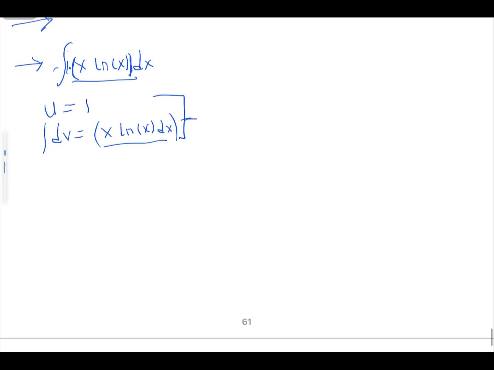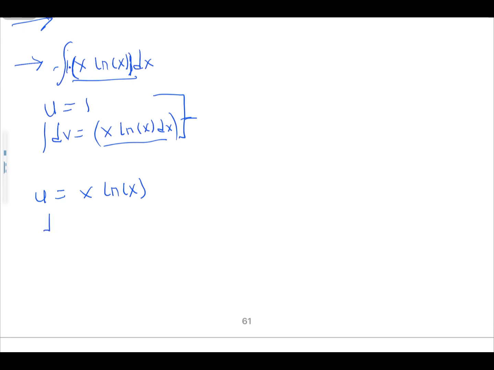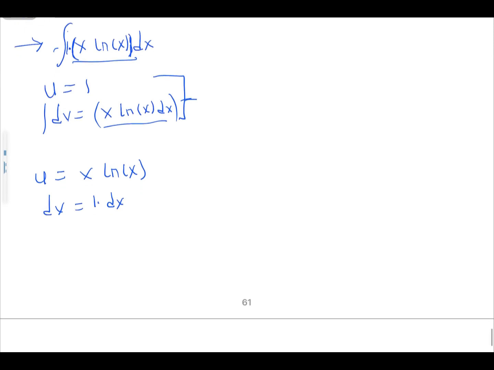So let's see something here. The second option that we want to consider is to make your u equal to x ln x, and then your dv equal to 1 dx, which is the same as dv equal to dx.